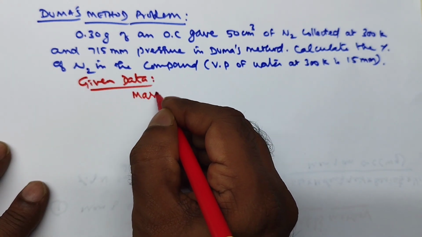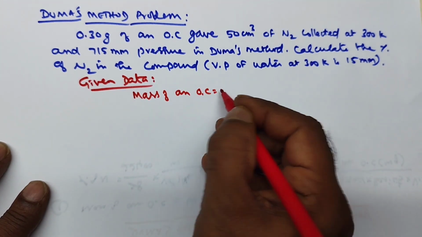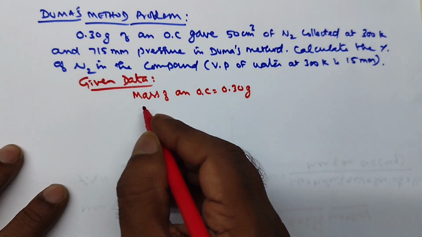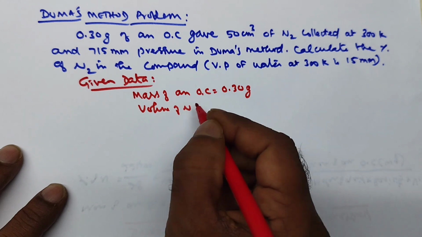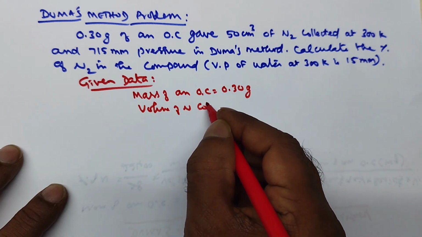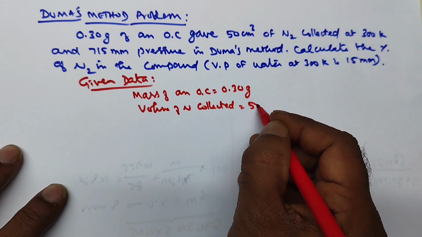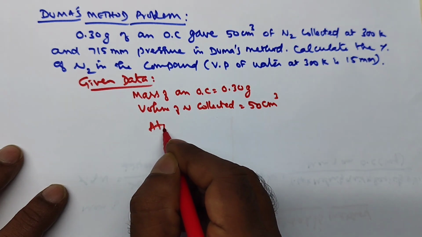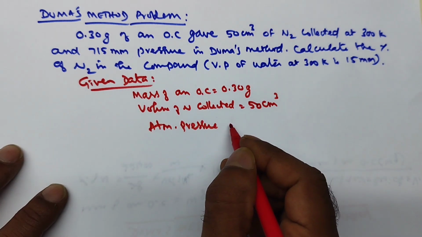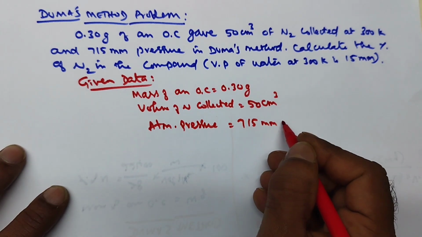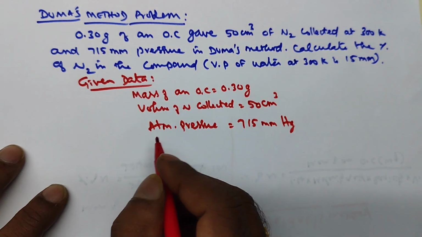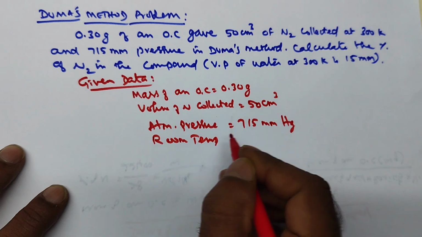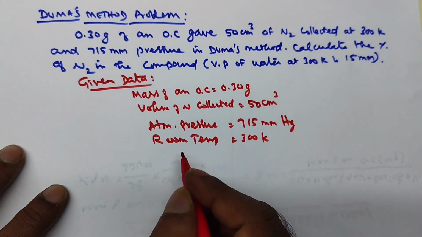Mass of the organic compound is given, that is 0.30 gram. Volume of nitrogen collected is 50 centimeter cube. Atmospheric pressure is 715 mm of mercury and room temperature is 300 Kelvin.